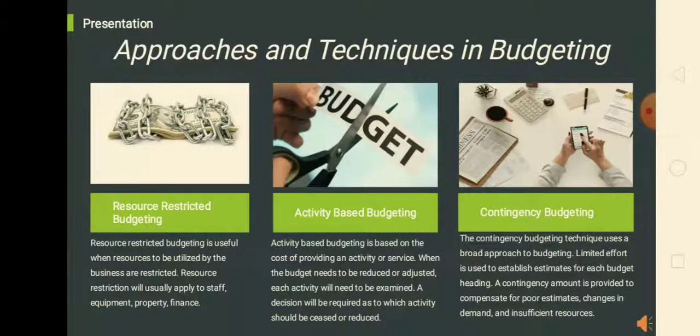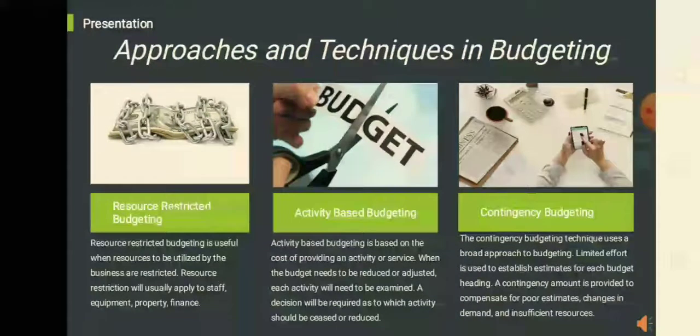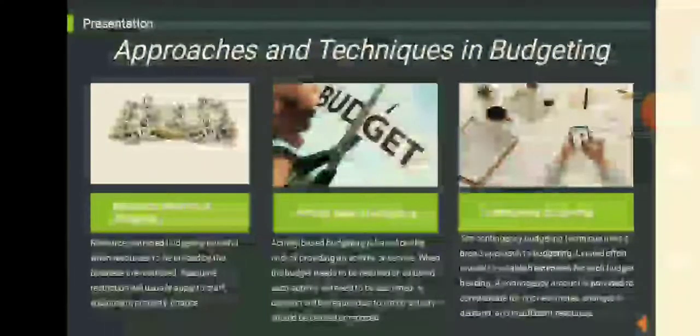For example, it may be beneficial for the whole organization to restrict staff numbers. This may be required because recruiting an additional full-time staff is an ongoing commitment that the organization may not be able to fulfill. Hence, restricting staffing resources is a common budget setting approach.